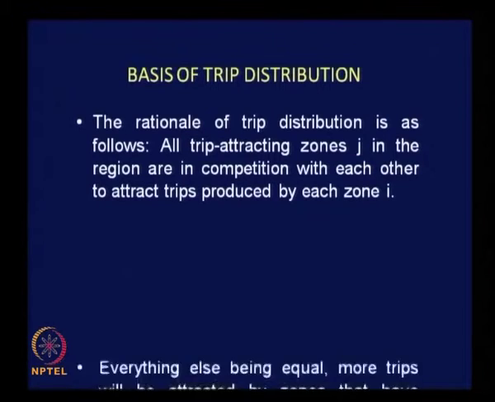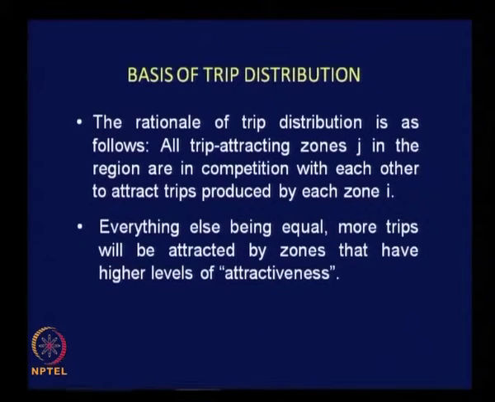Let us perceive that way first, and then, everything else being equal, more trips will be attracted by zones that have higher level of attractiveness. It is obvious when they are competing for attracting more trips from trip producing zones.